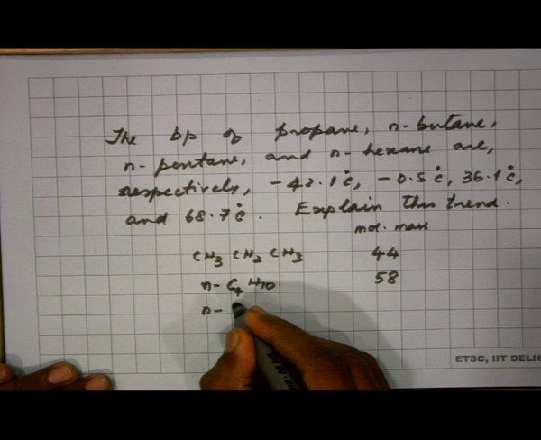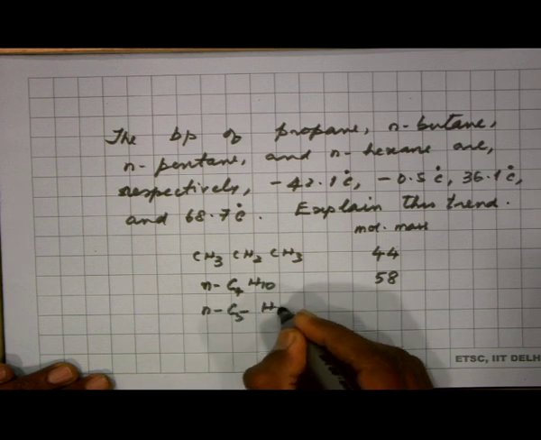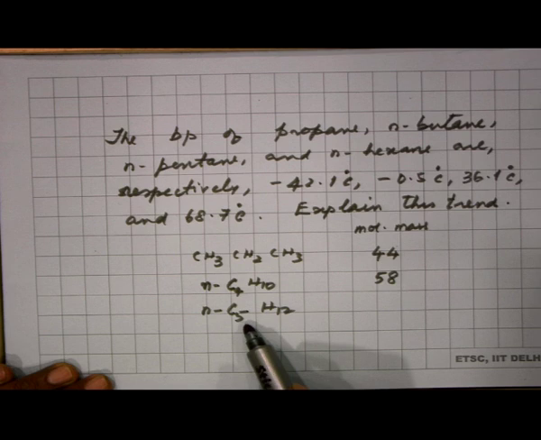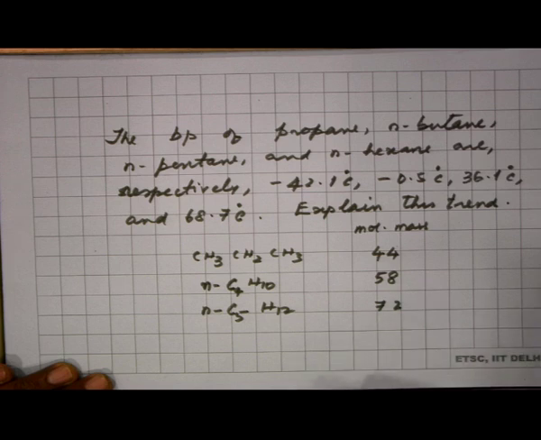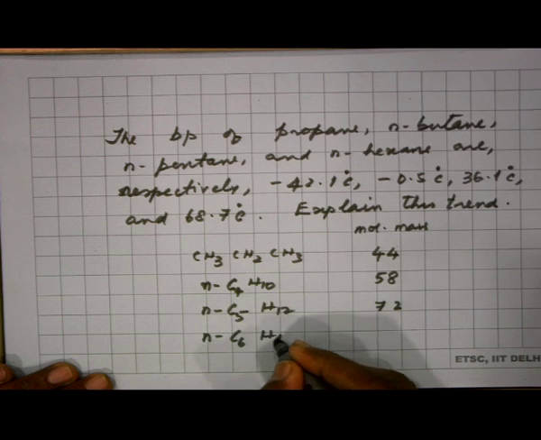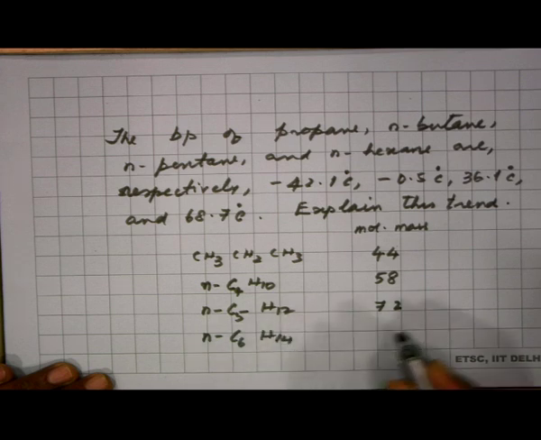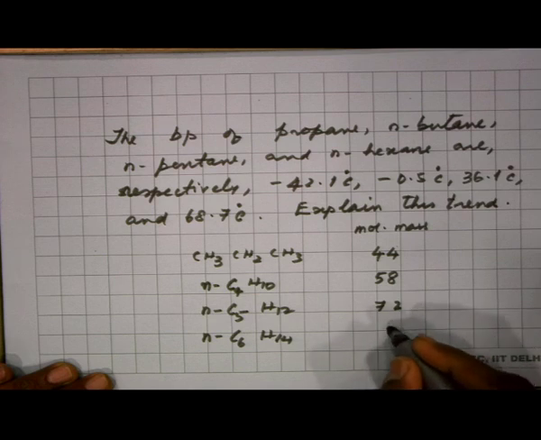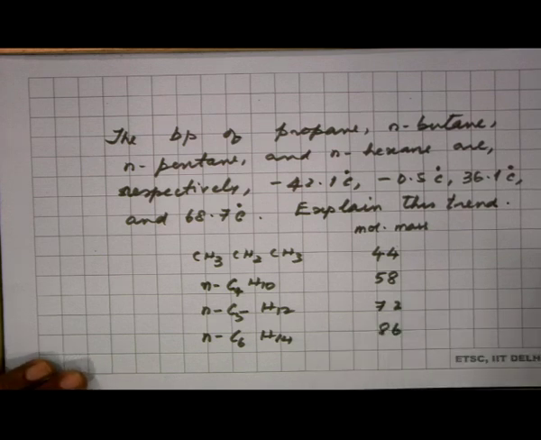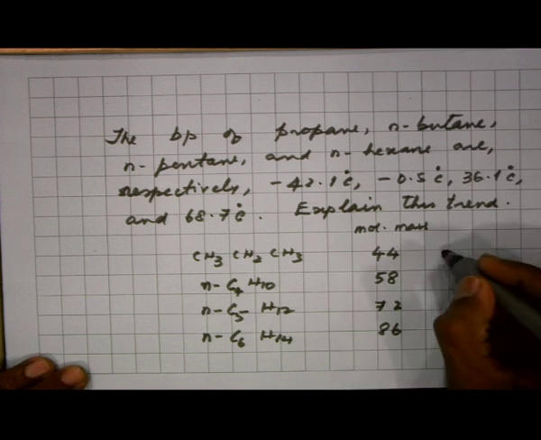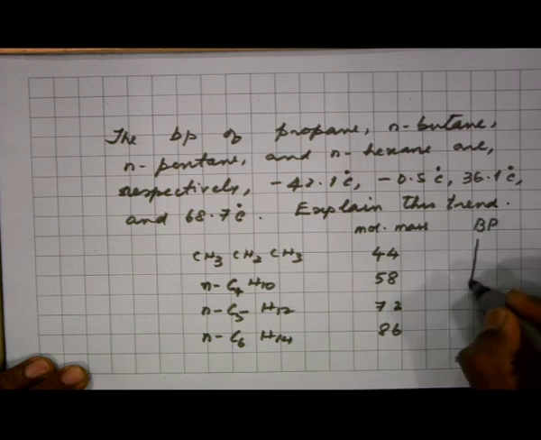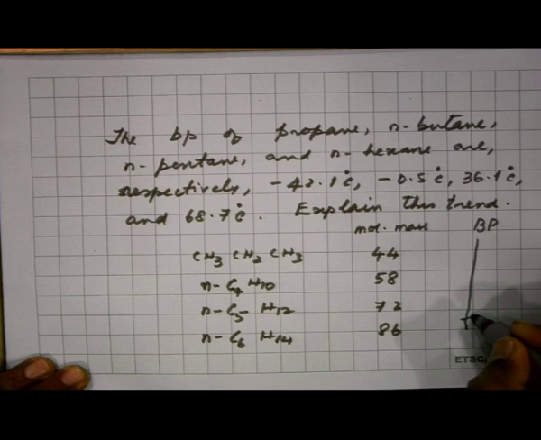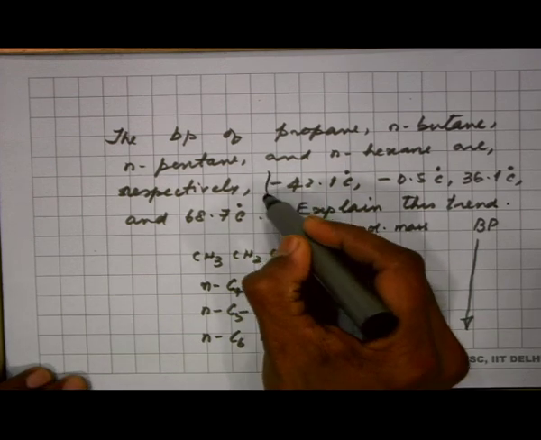Normal pentane, C5H12, CnH2n plus 2, that is 60 and 72, and n-hexane, 72 plus 14, 86 is the molar mass. And you expect that the boiling point, without any computation, will increase as you go down, as is shown here.